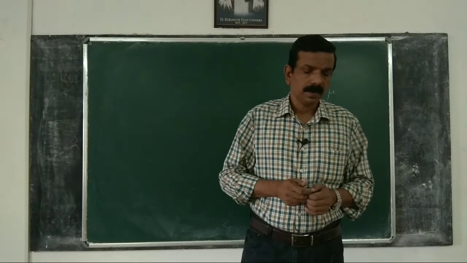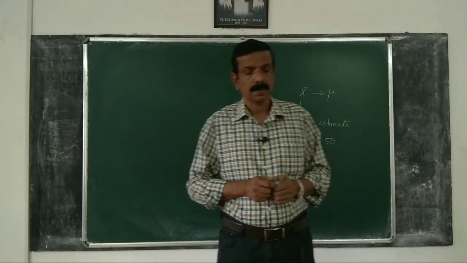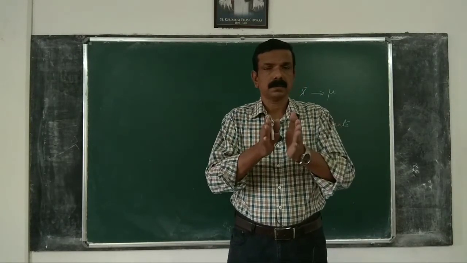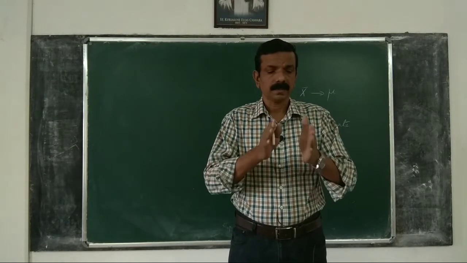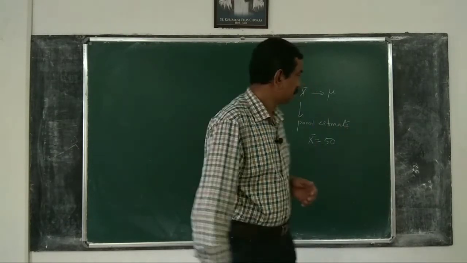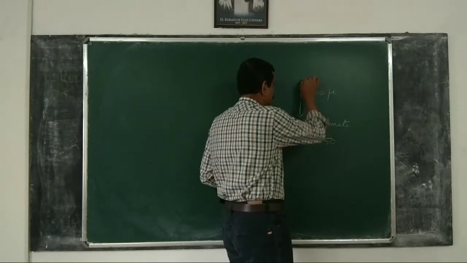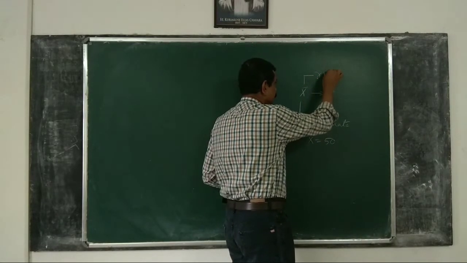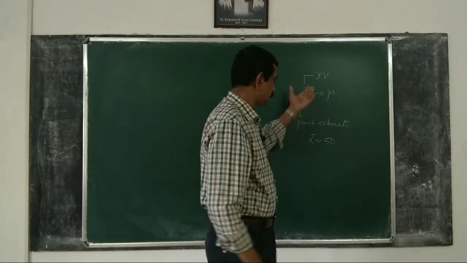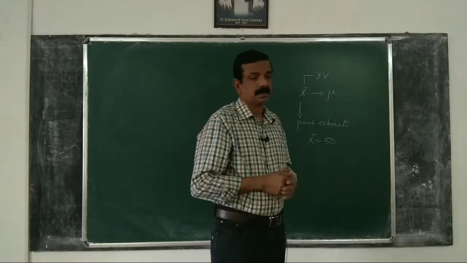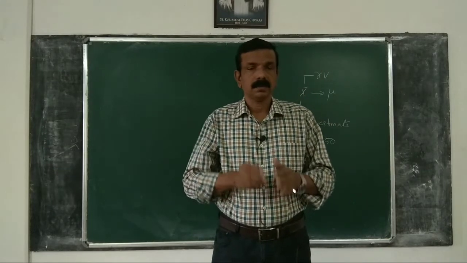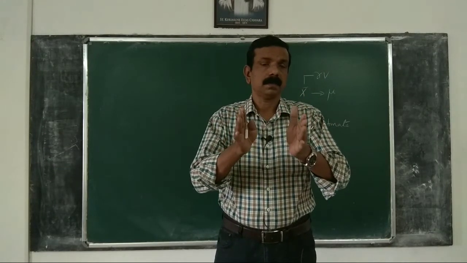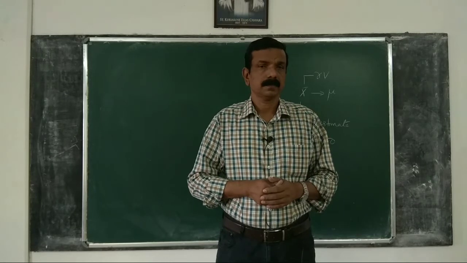And we also discussed that a sample statistic or an estimator is a random variable. A sample statistic or an estimator is a random variable with a certain probability distribution.